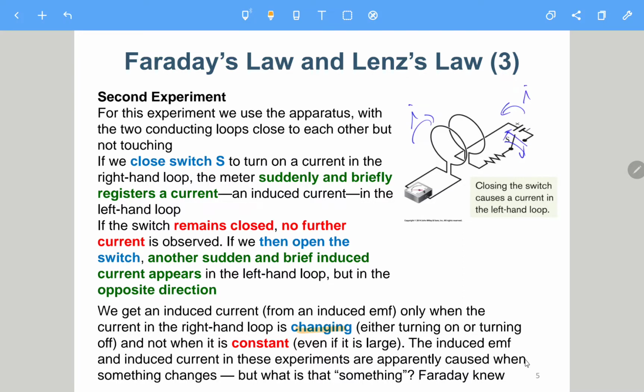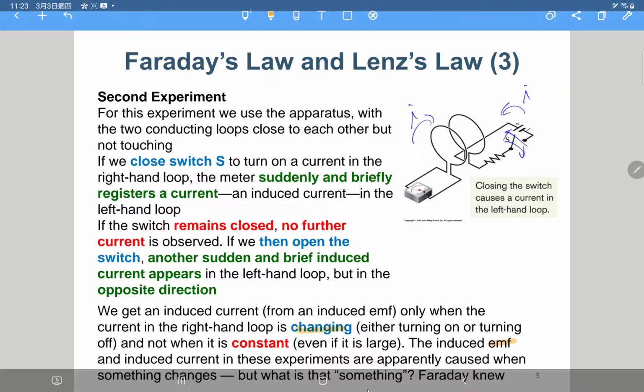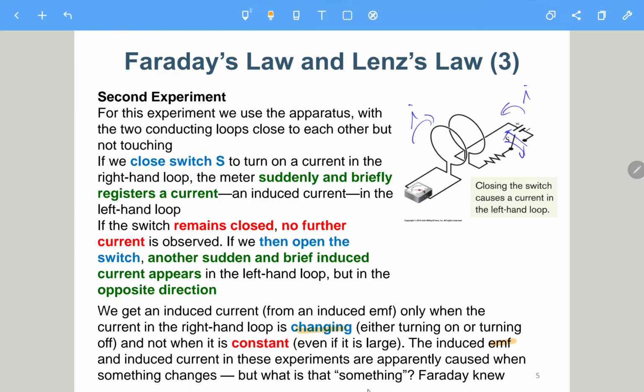The induced EMF is somehow like the electric potential, but not actually the same. Because here, when we have some induced current, there should be something to push the current to move, but we don't have a discrete battery there to provide the potential difference.